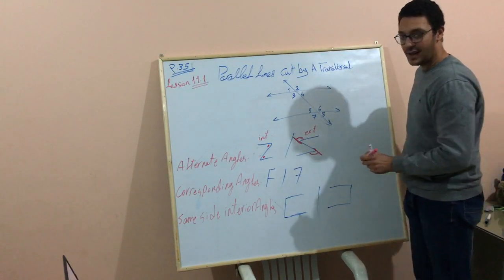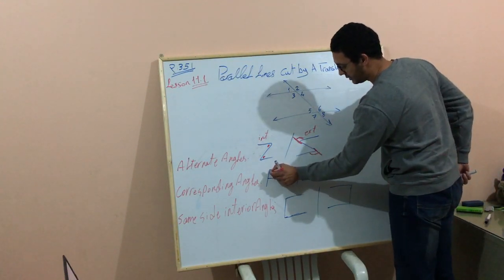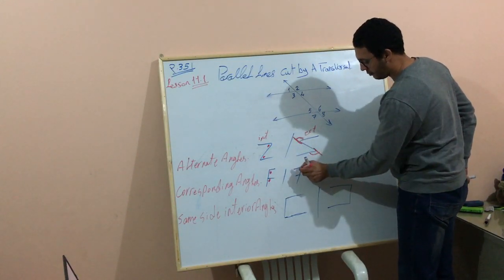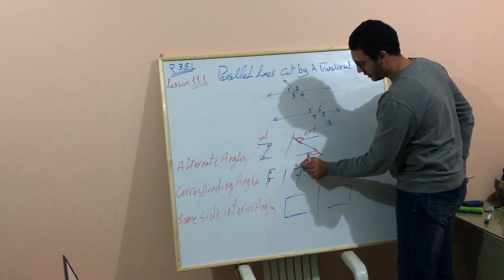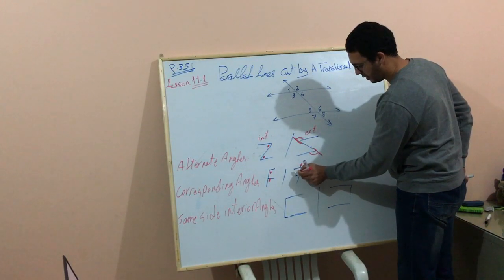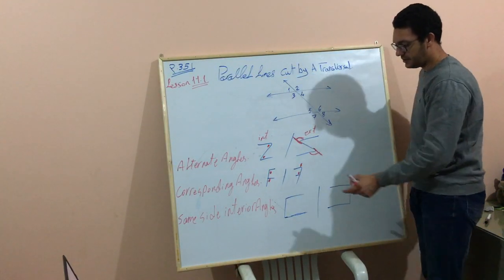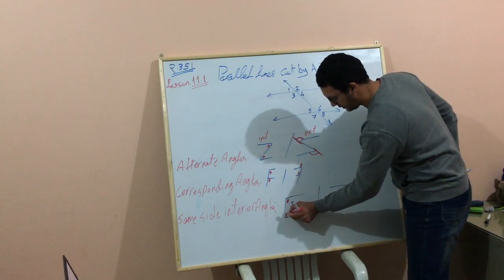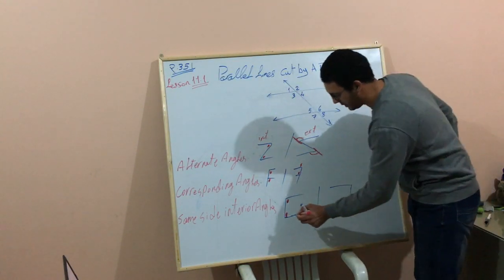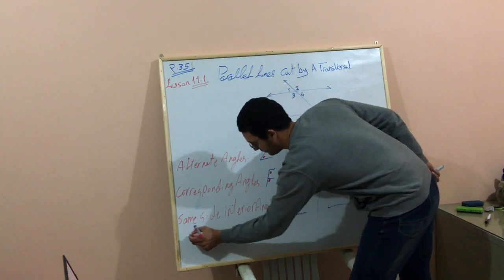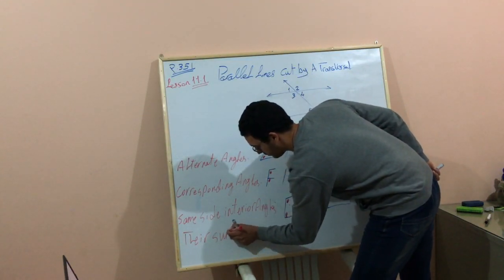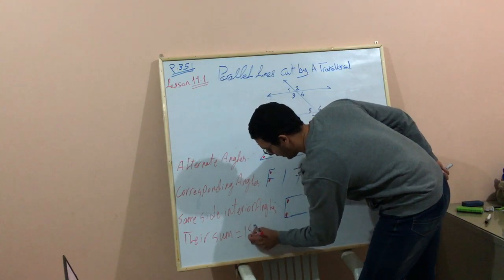The corresponding angles can be one inside and one outside, like this. It can look like this on the other side. And the same side interior, these two angles are on the same side and their sum equals 180 degrees.